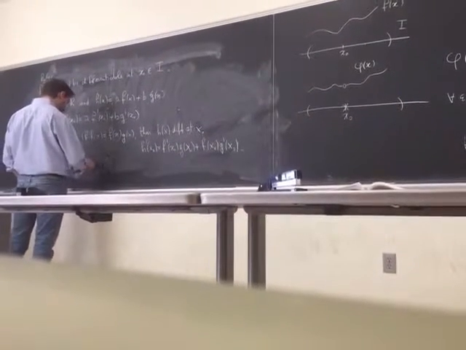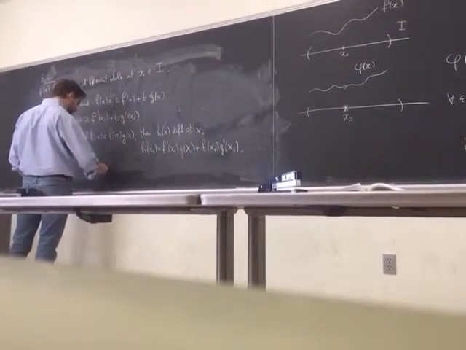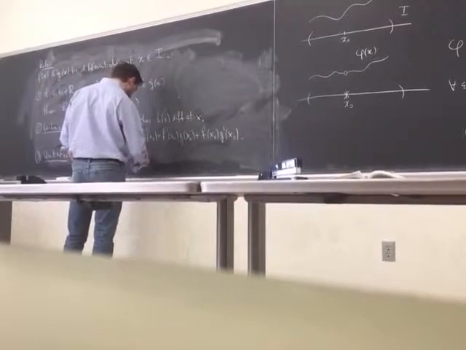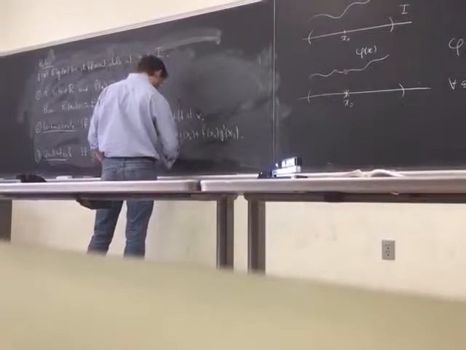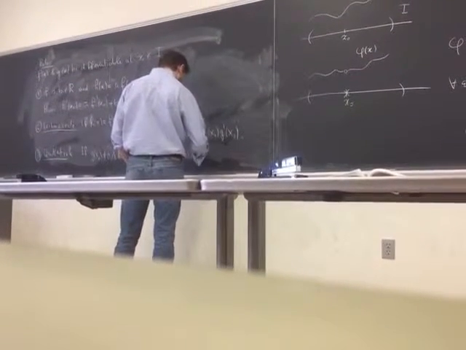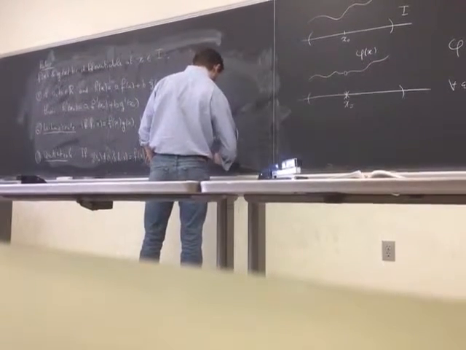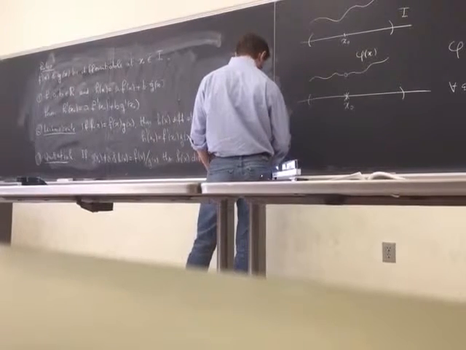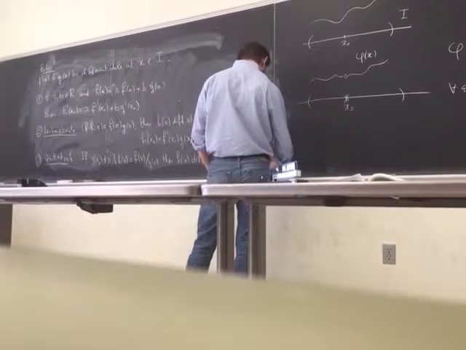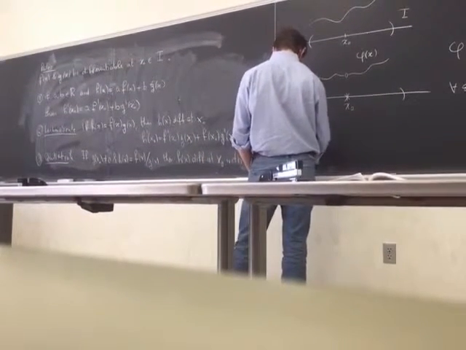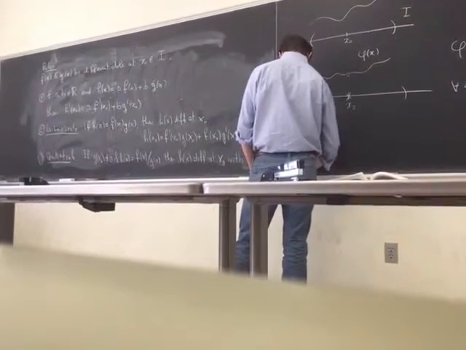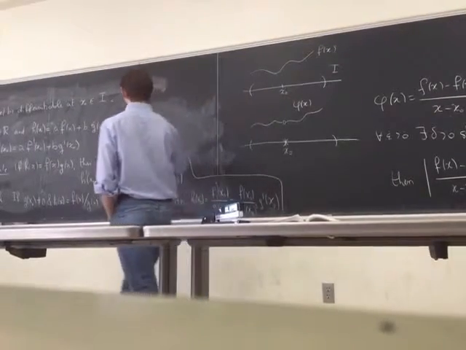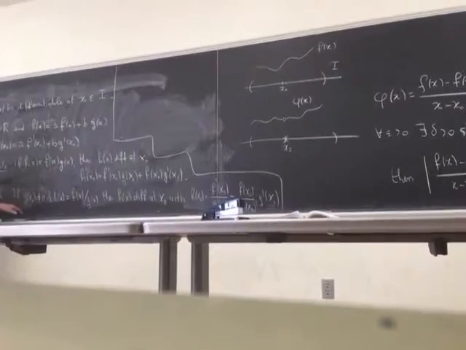So if, say, g of x naught is not 0, and you set h of x as the ratio of f and g, then h of x will be differentiable at x naught, with h prime of x naught equal to f prime of x naught over g of x naught minus f of x naught over g of x naught squared times g prime of x naught. That's the usual quotient rule, right?